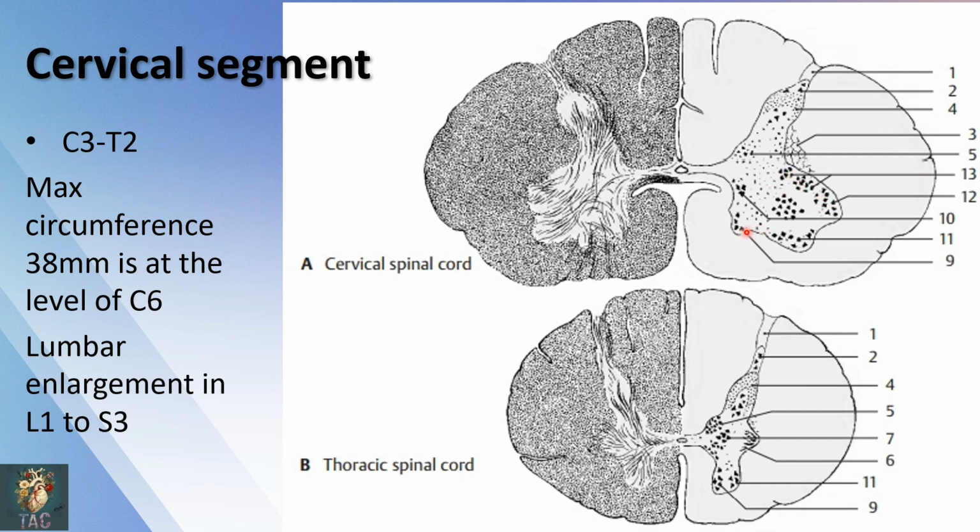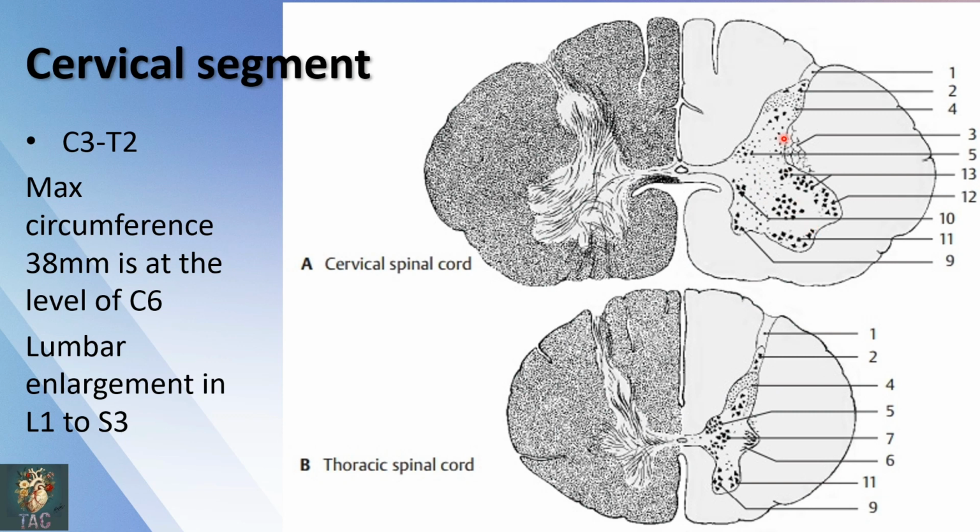These are the medial nuclei. This one is the anterior medial nucleus and the posterior medial nucleus, and this is the anterolateral nucleus which is present over here. So these are the different nuclear groups, and this is the intermediate group which is present. So these are the different nuclei present in the different parts of the spinal cord.